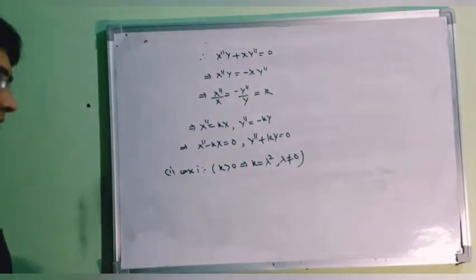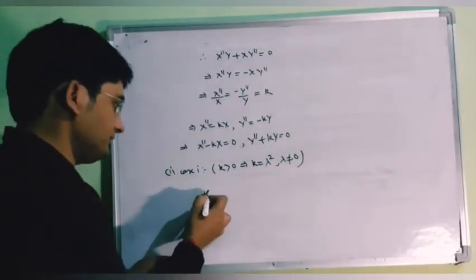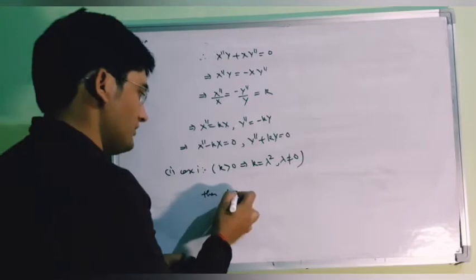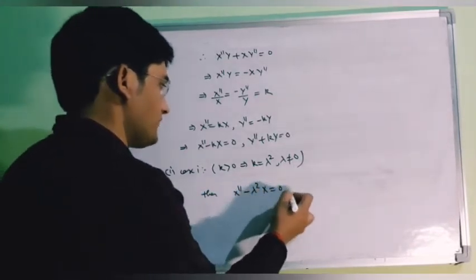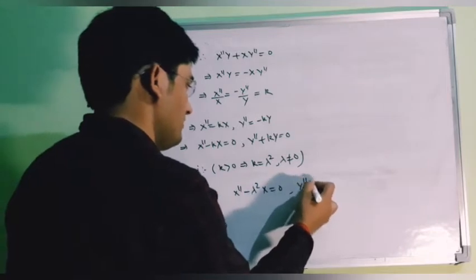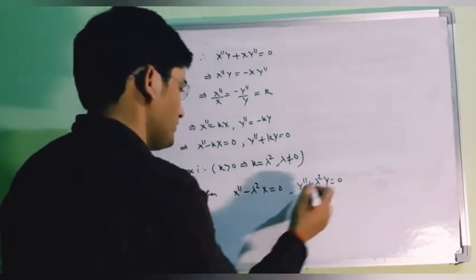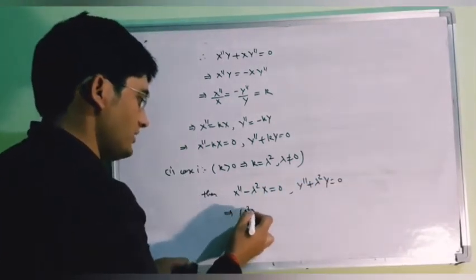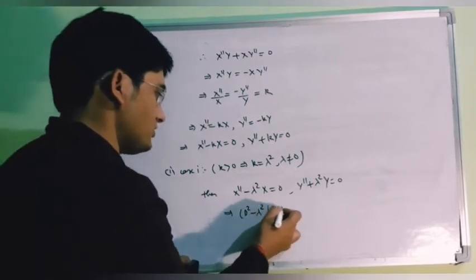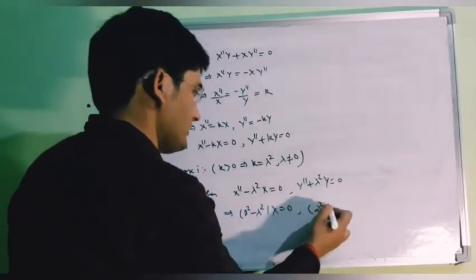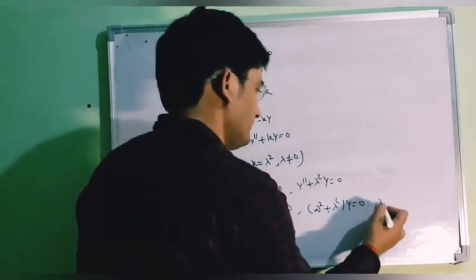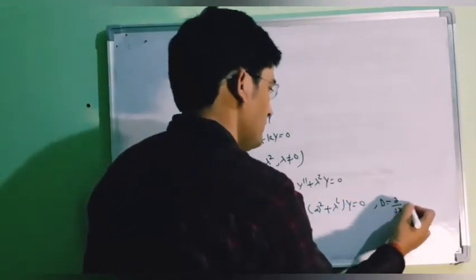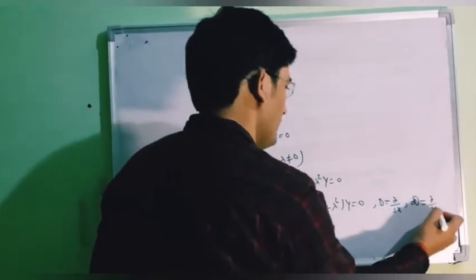Now if k is lambda square, then we have X'' minus lambda square X equal to 0 and Y'' plus lambda square Y equal to 0. So from here we have (D² minus lambda²)X equal to 0, and again (D'² plus lambda²)Y equal to 0, where D is ∂/∂x and D' is ∂/∂y.